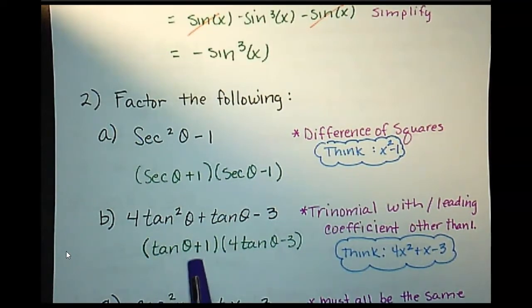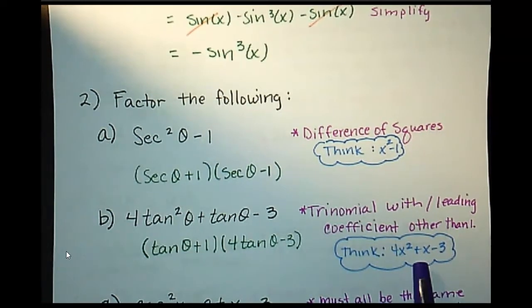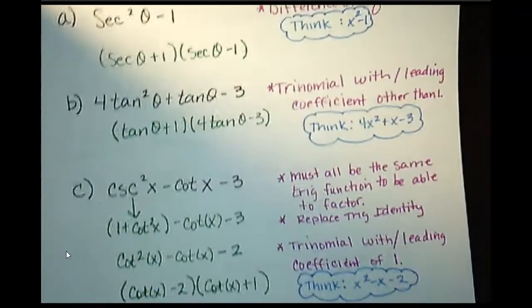And so then I would have two factors, tan theta plus 1 and 4 tan theta minus 3. So again, for now, if you need to think about this in terms of x, kind of work out what that would look like in x and then transfer that back to tangent, you can. But the ultimate goal is that you can factor in trig functions and not have to waste all of that time right over here. But this is helpful for right now as you're kind of working your way through it.